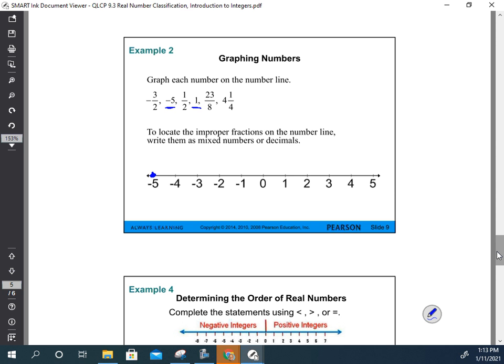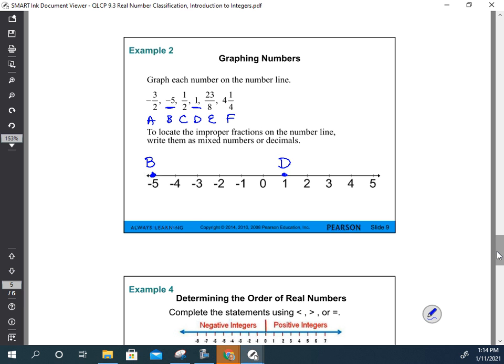There's your -5, and there's your 1. I'm going to give these all labels just to make it easier. So -5 was represented by the letter A. 1 is represented by the letter B. All the other numbers up there.